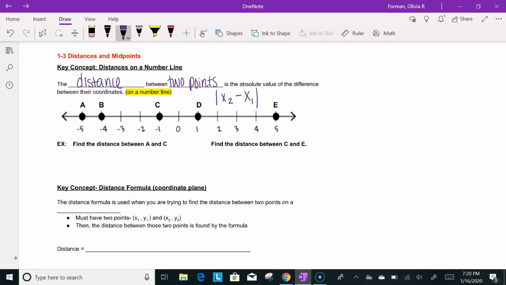I have a number line here, and I labeled points A, B, C, D, E. The first one says find the distance between AC. It might also just say find the length of AC.